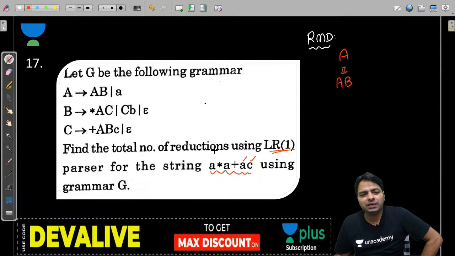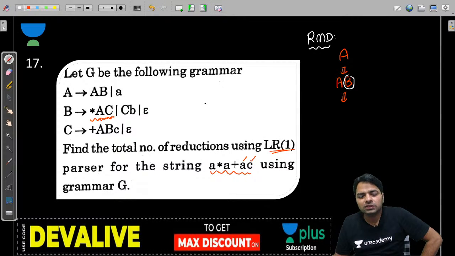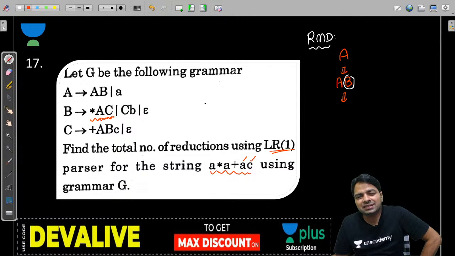For capital B, I have to go to star AC, so that I can get C. So I'm going for this capital B, and if you have more than one derivation, definitely our answer is going to be wrong. I'm assuming it has one derivation, but sometimes even we are wrong. A star AC. This capital A, later I can put small a.